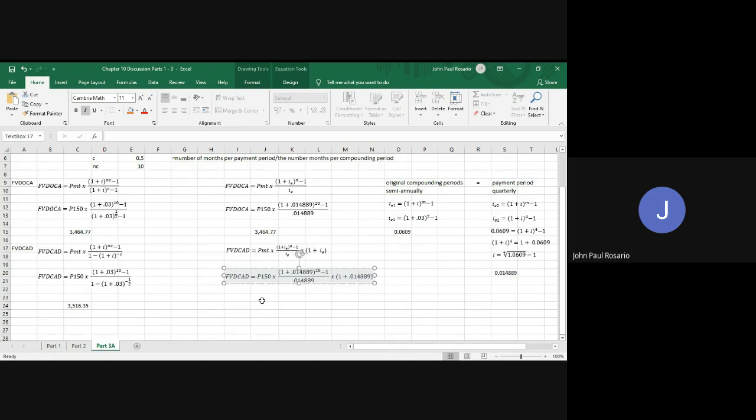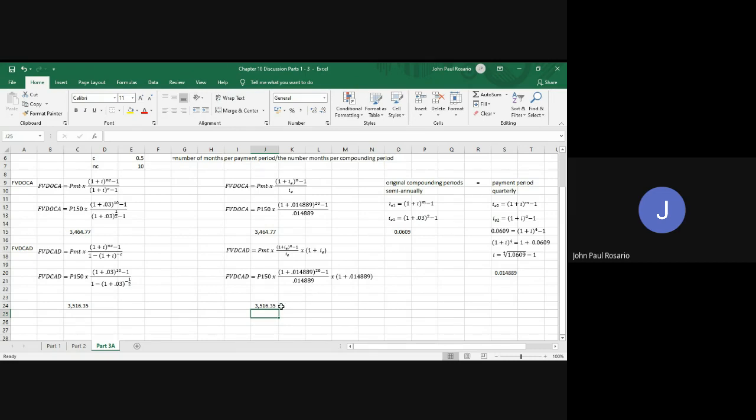Okay, so if we input that in our calculators, this one will be replaced by our equivalent I, same as this one, and then we simply have to add another multiplied by 1 plus our equivalent I. Okay, so we still got the same answer.